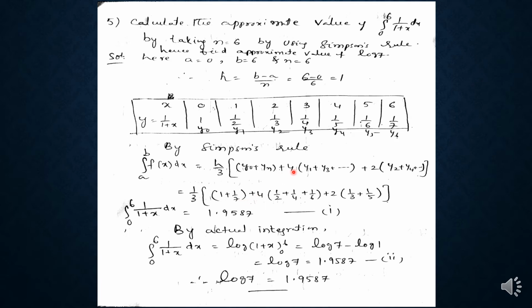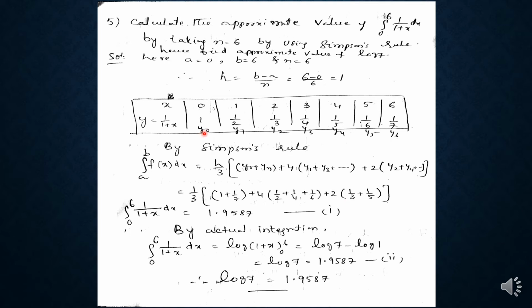4 into the sum of odd ordinates, this is y1, y3, y5. We should take y1 plus y3 plus y5, that is 1 by 2 plus 1 by 4 plus 1 by 6, that is the sum of odd ordinates, plus 2 into the sum of the even ordinates.